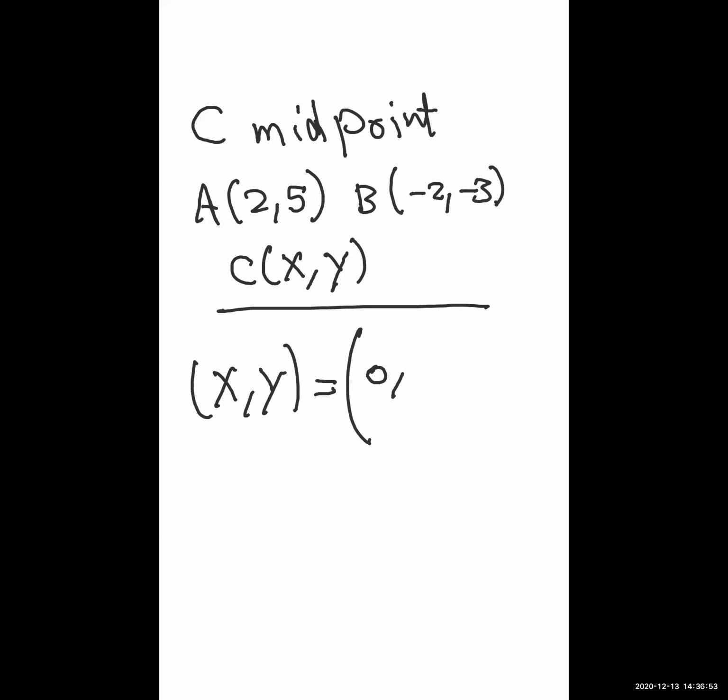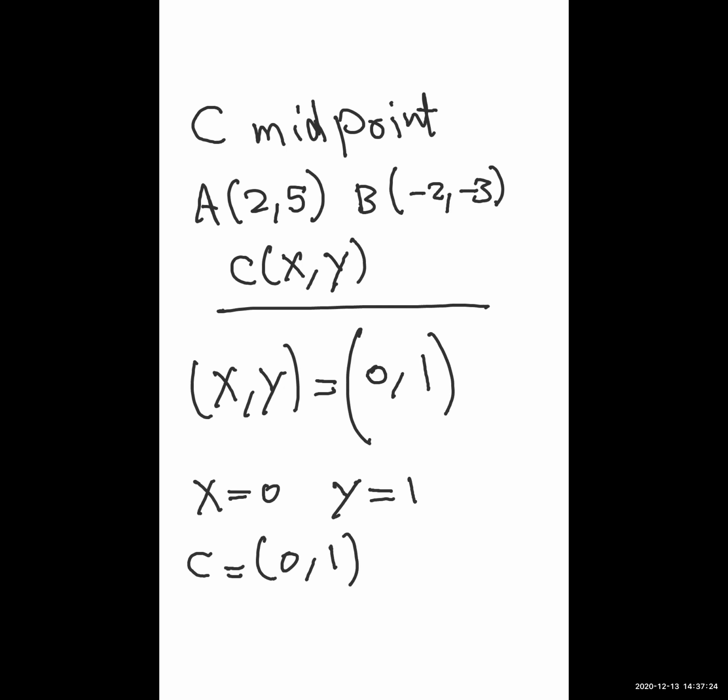And 5 plus -3 over 2, which is 2 over 2, which equals 1. So in this case, guys, X will equal 0 and Y will equal 1. So C will equal 0 and 1. Okay, guys, are we clear?